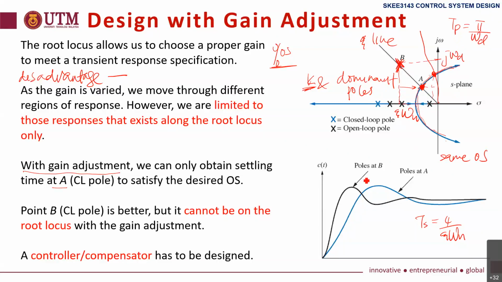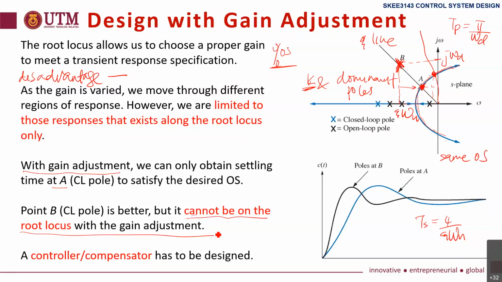So when we plot, we can see at B the settling time is faster and the peak time is better. So point B is better than A, but it cannot be obtained by using gain adjustment.